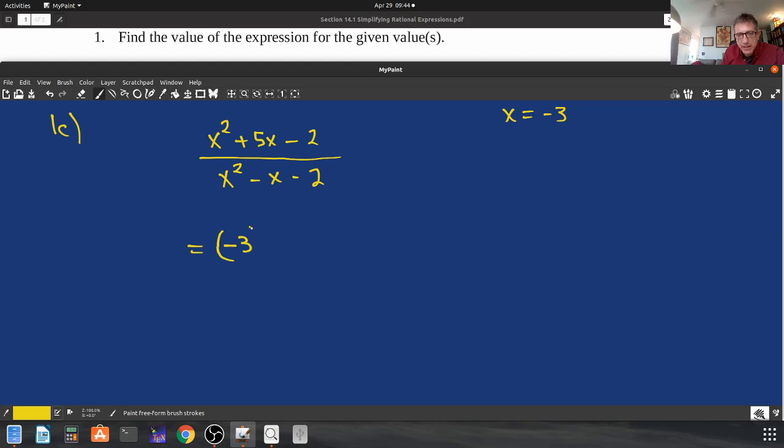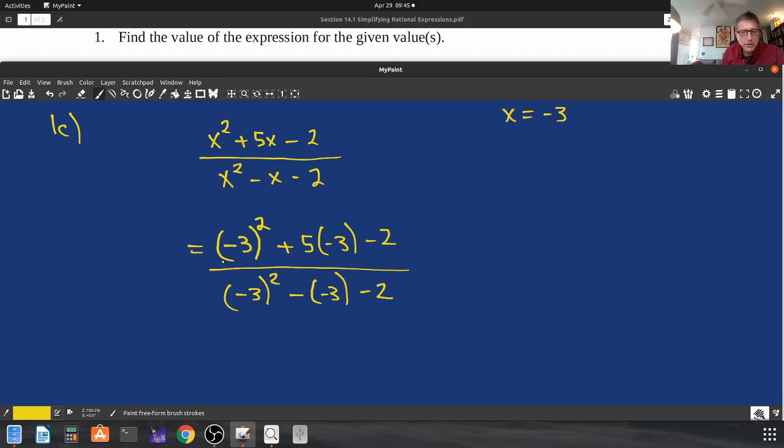And to indicate it as a base, I need to put it in parentheses because it's raised to the second power. Plus 5 times minus 3 minus 2 over, again, minus 3 squared minus, remember minus 3 has to bring its negative sign with it. It can't use the one that's already there, minus 2.